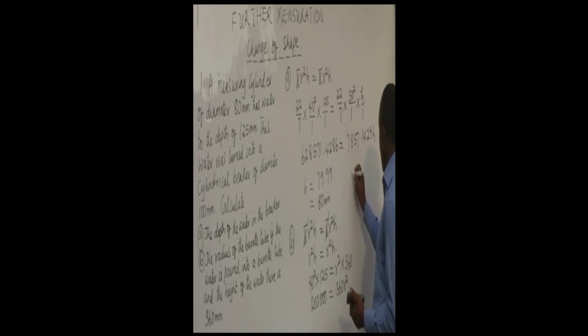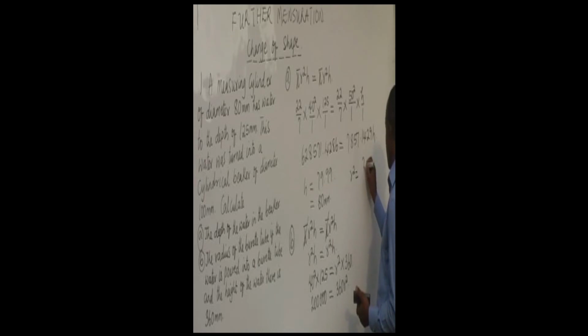So we're going to continue here. We find out that r squared is going to be 200,000 divided by 360. Let's see what it will give us. 200,000 divided by 360 is giving me 555 point. That means r squared is 555.55555 recurring. So let's take 555.6.